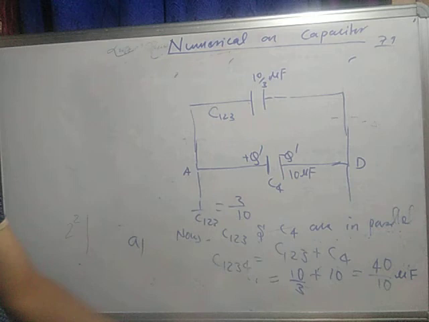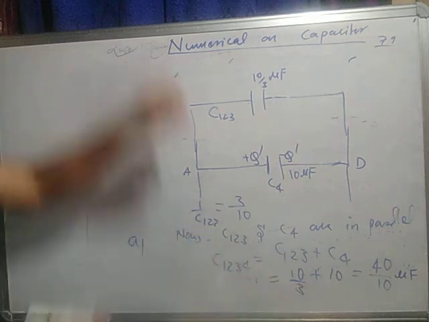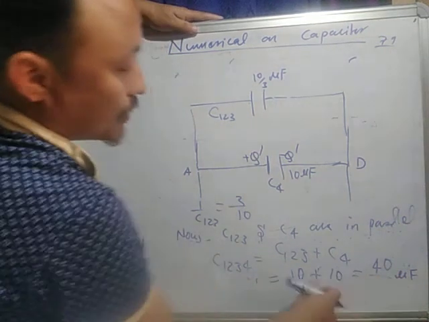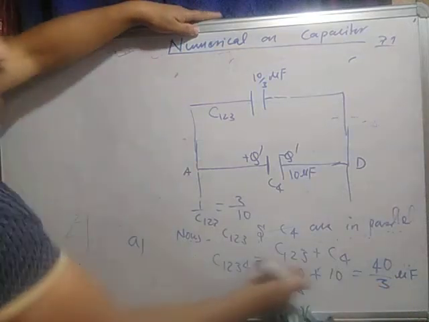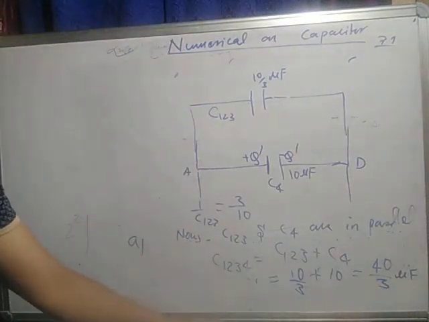Clear? First part done, isn't it? Equivalent capacitance is 40 by 3 microfarad. If you add this, you'll get it by taking the LCM.